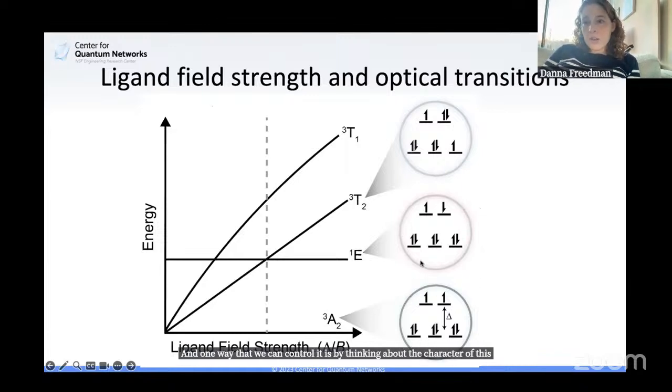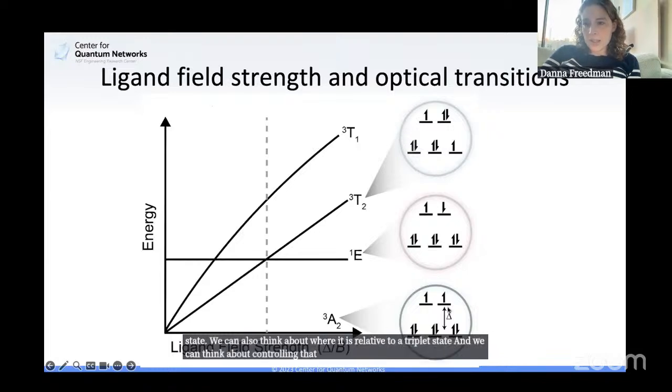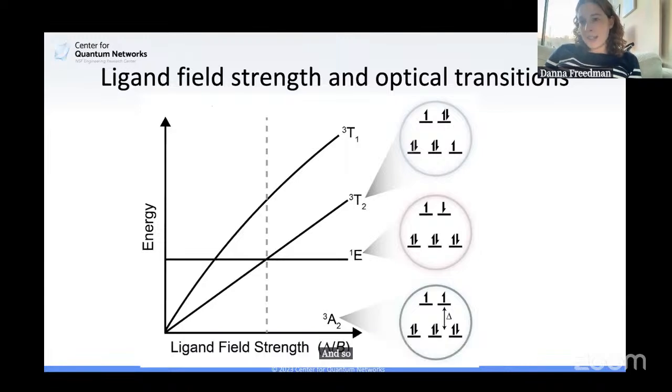We can also think about where it is relative to a triplet state, and we can think about controlling that relative to how big this gap is. Controlling the gap gives us the identity of the emitting state, and then controlling the nature of this singlet state gives us the frequency that we emit at.